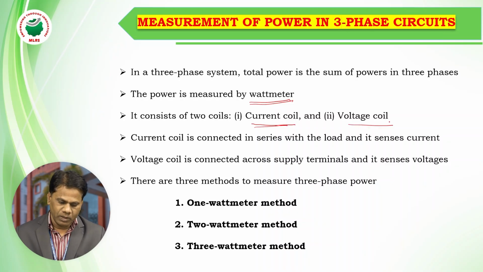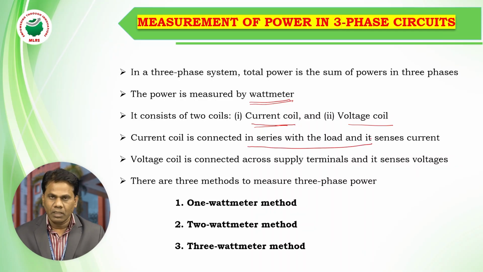So what is the current coil? The current coil is connected in series with the load. Wherever we are measuring the power, we connect the current coil of the wattmeter in series with the load.